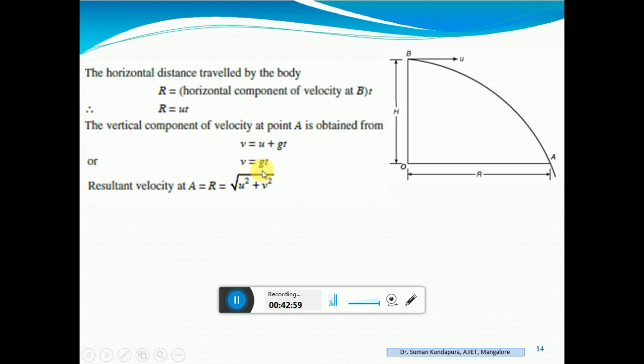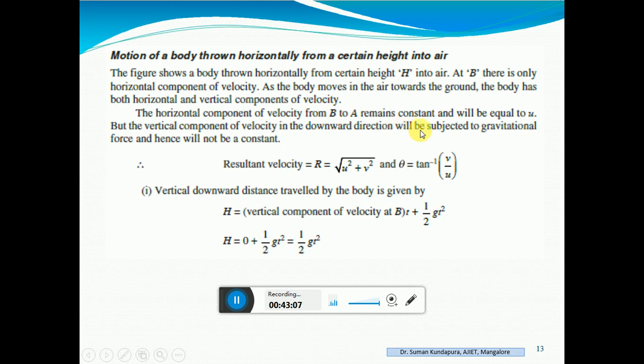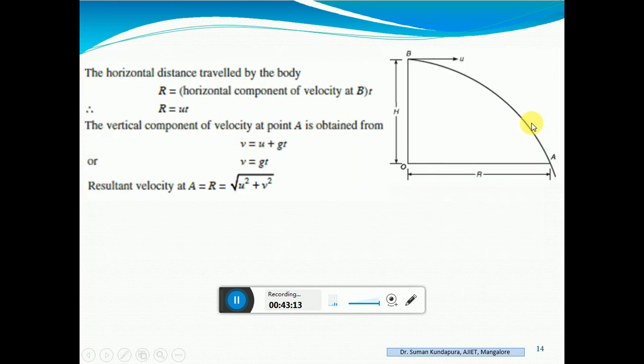Now if I found out v, and u is my initial horizontal component of velocity, then by the parallelogram law we saw how to find the resultant.